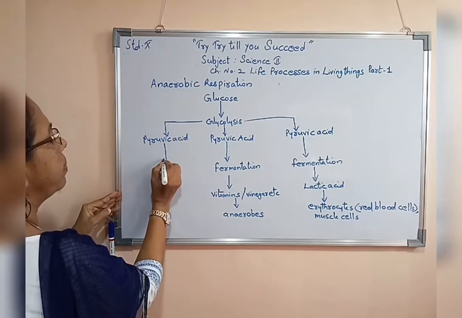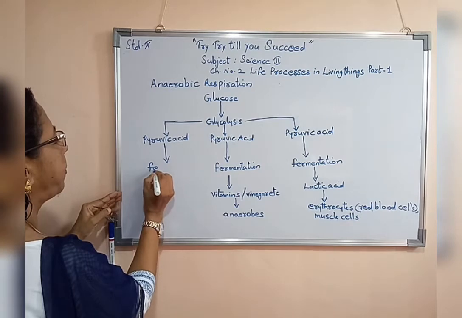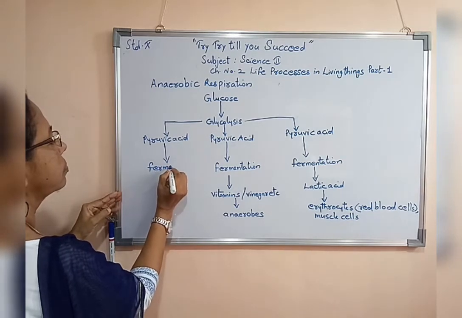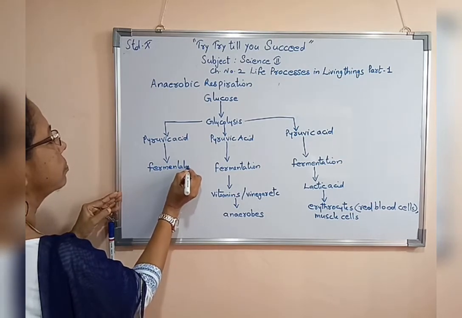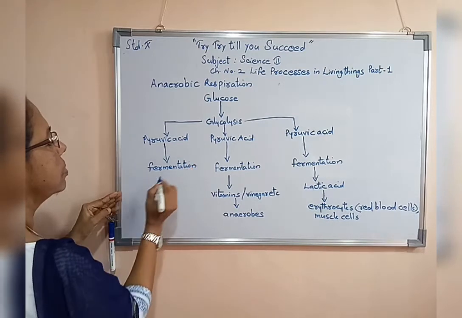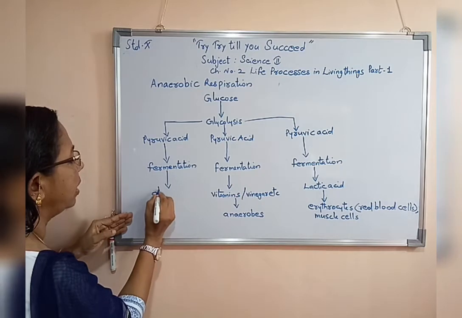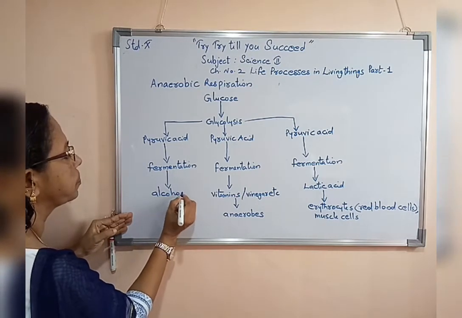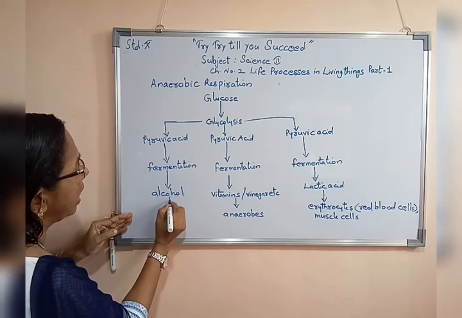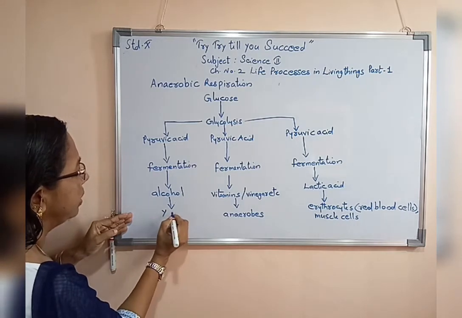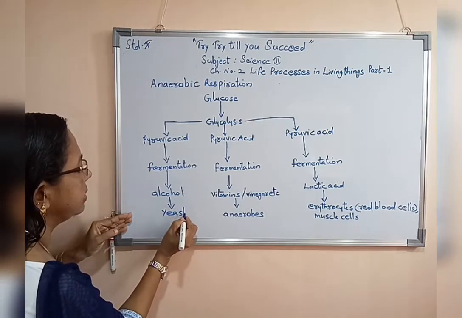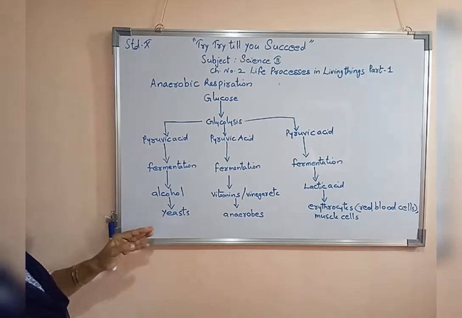After that, the fermentation process is taking place. After that, as a result of fermentation, alcohol is produced. Then this alcohol is produced by yeast. This is a kind of fungi.